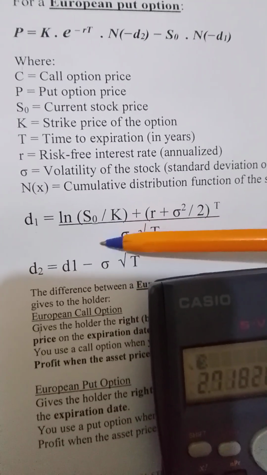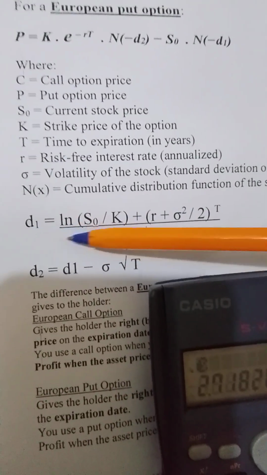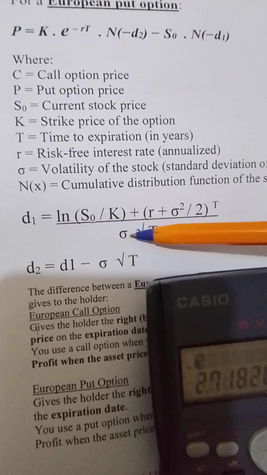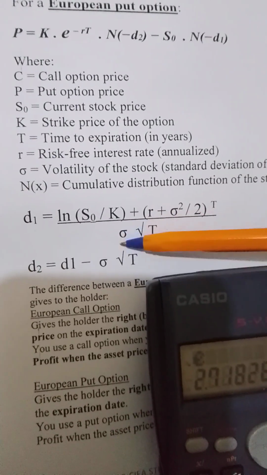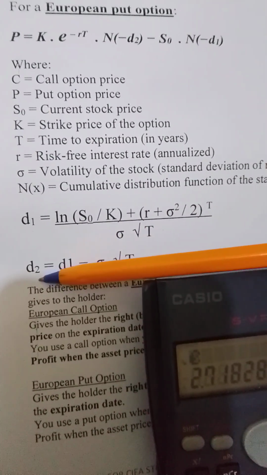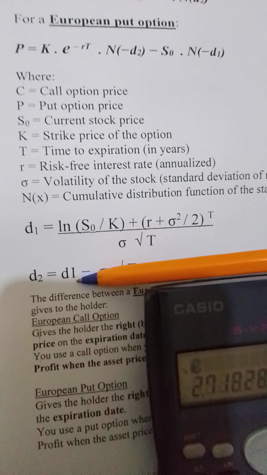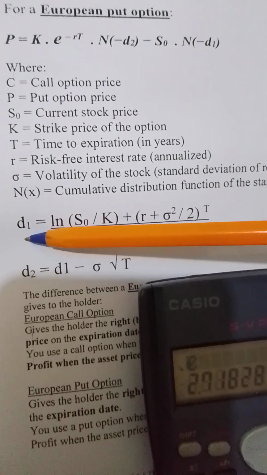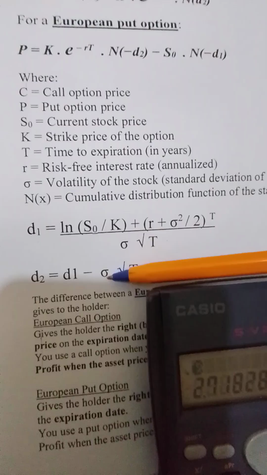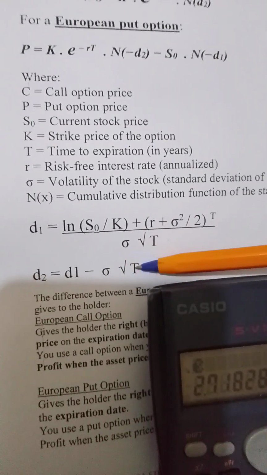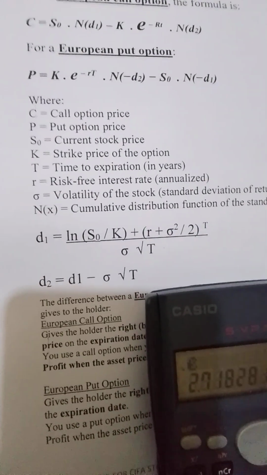So once you have calculated your D1, you just need to subtract this number you have in our formula for D1. As you can see, we are saying D2 is equal to D1, which you have calculated up here, minus the volatility of the stock multiplied by the square root of T.